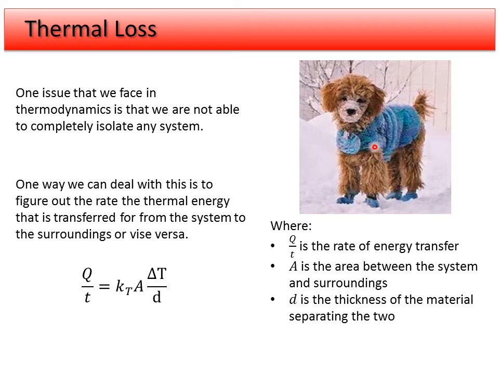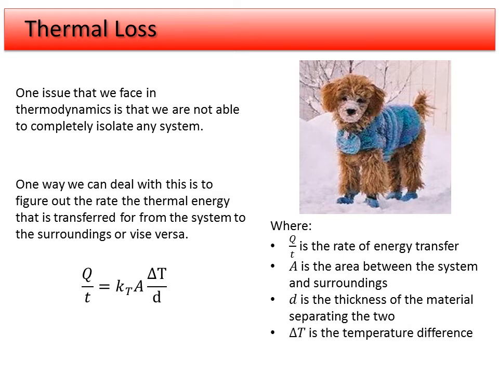D is the thickness between the system and the surroundings. Again, we haven't quite dealt with the idea that we now have another system. We have to deal with the insulator material as well, but we'll just ignore that for the moment. But D is the thickness of our insulator.